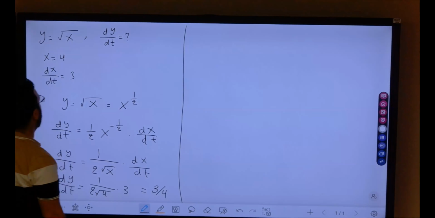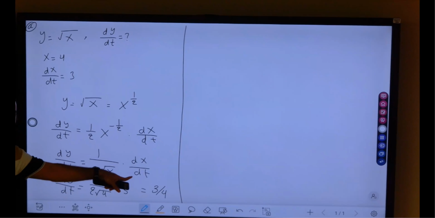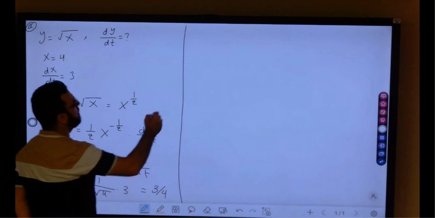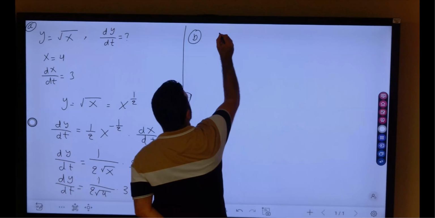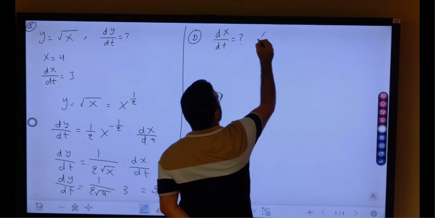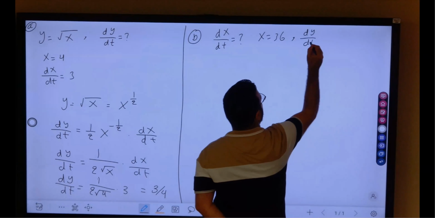Let's check what about B. On question B, we're going to do the same thing, but now we have the opposite: we have dy over dt and we need to find dx over dt. Of course, they're going to give you a different x. For B, they ask you to find dx with respect to t, with x equal 36 and dy over dt equal 5.